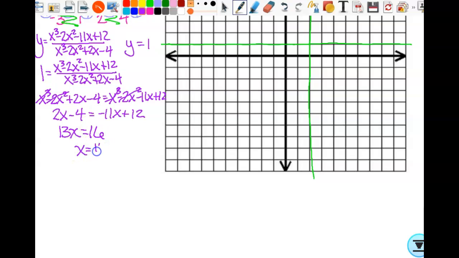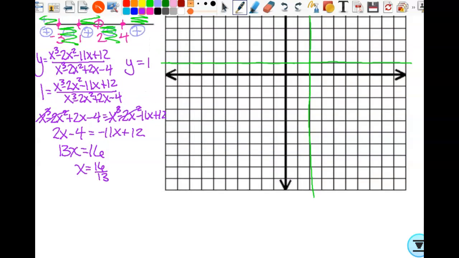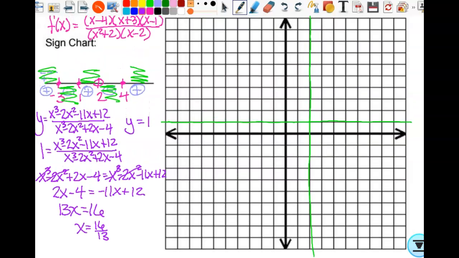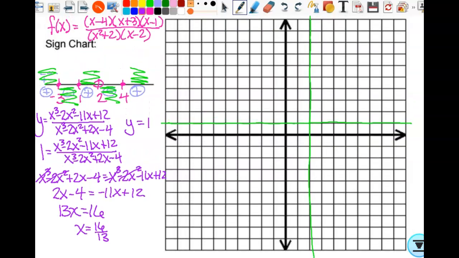So x equals 16 over 13. And that tells me that it does intersect the asymptote when x is 16 over 13, which is just a little bit more than 1, right? So we can go to a little bit more than 1, and that's where we cross the asymptote.